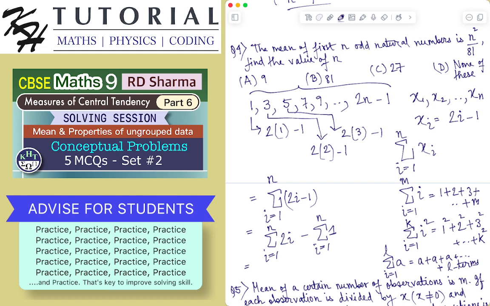Since 2 is a constant, I can bring the constant 2 outside, and it will be 2 times summation of i, where i is ranging from 1 to n, minus summation of 1, where i is ranging from 1 to n. This is 1 plus 1 plus 1 up to n terms.